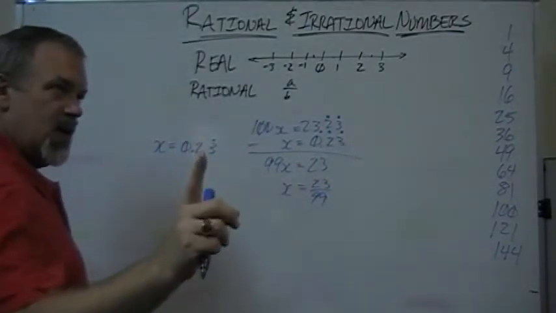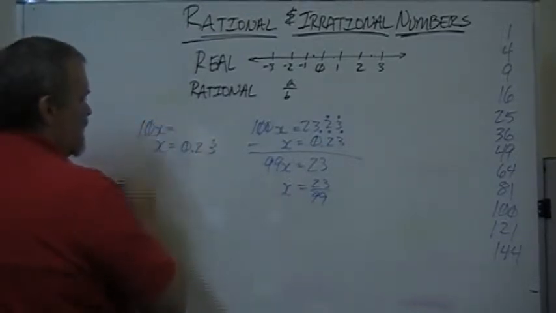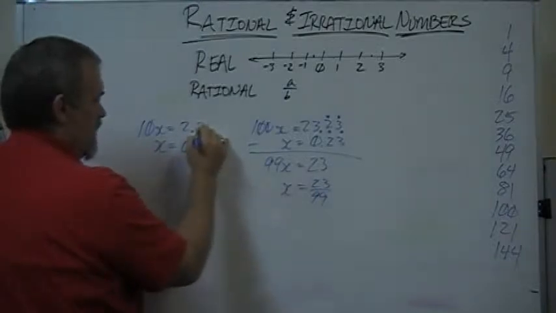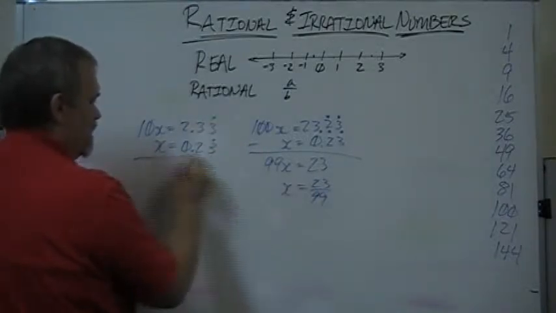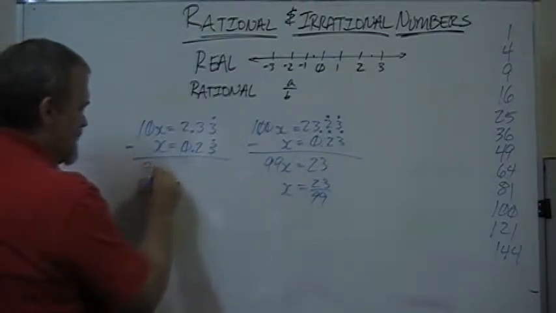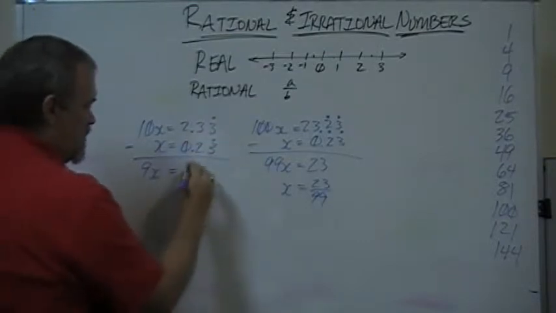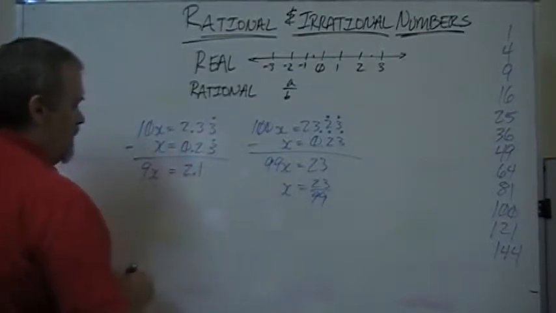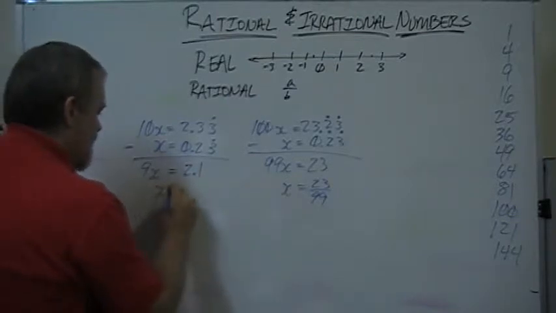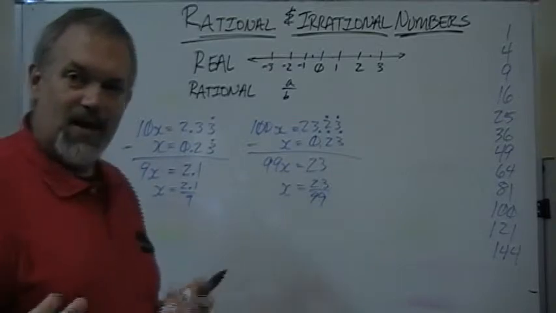So, since I have one decimal place repeating, I'm multiplying by 10, and I get 2 point, and this part multiplies like that. And when I subtract, I still get 9x is equal to, and the repeating portion goes away and I'm left with 2.1. Again, fairly simple algebra problem. Divide both sides by 9, and I get 2.1 over 9. And you're probably thinking, wait a minute, that doesn't look very clean.